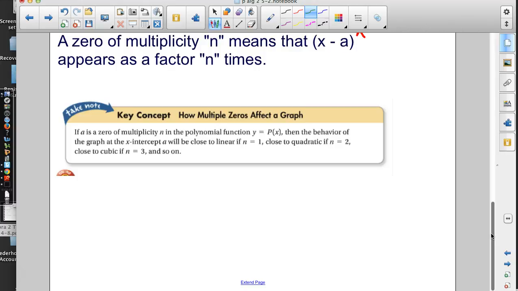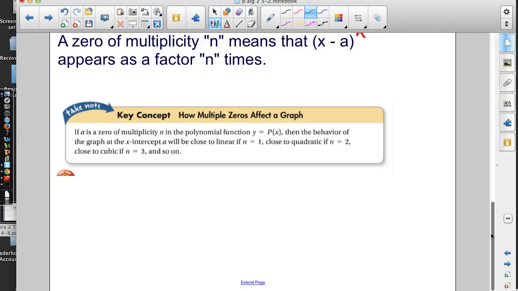It says if a is a zero of multiplicity n in the polynomial function y equals p of x, then the behavior of the graph at the x-intercept a will be close to linear if n equals 1. Well, linear is a straight line. It's going to cut. And close to quadratic if n equals 2. Parabolas bounce. That's what they do. Close to cubic if n equals 3. Cubics, there are S-curves, but they're going to slice. They might have a little wave to them, but they're going to slice.